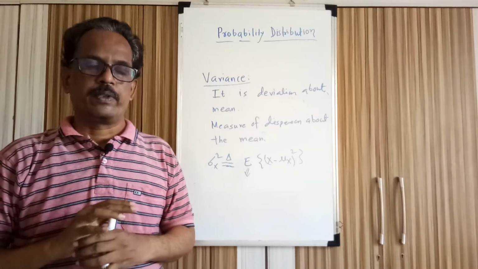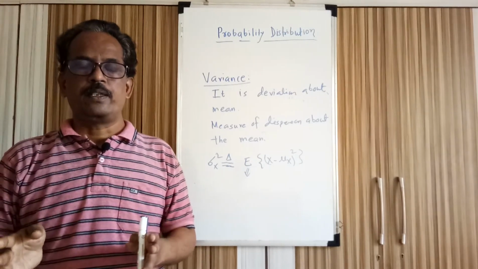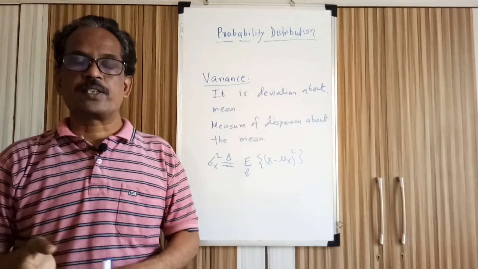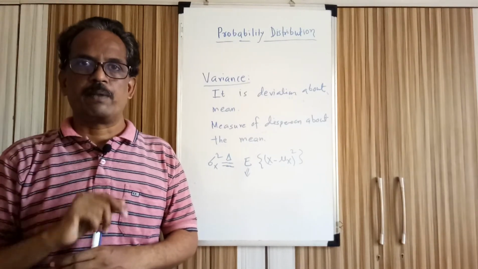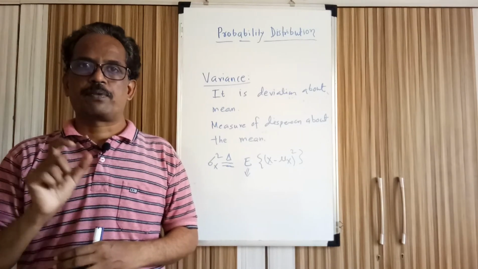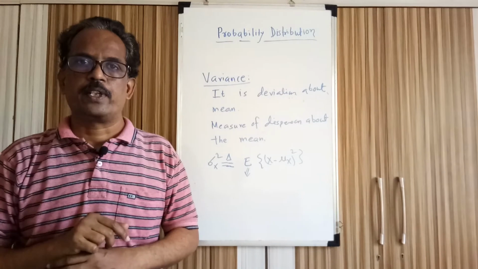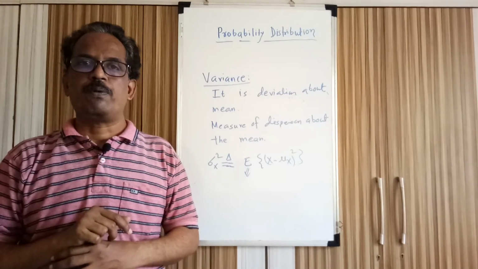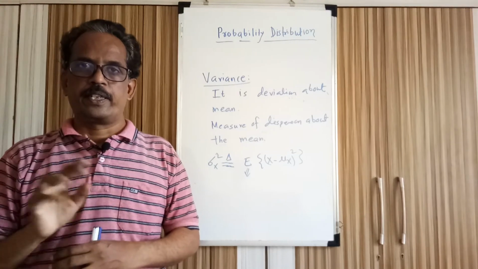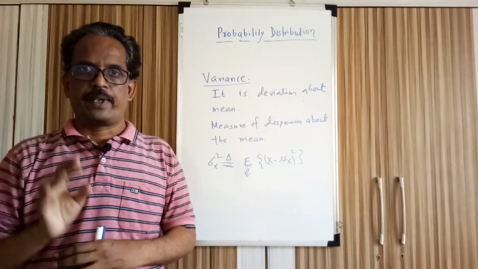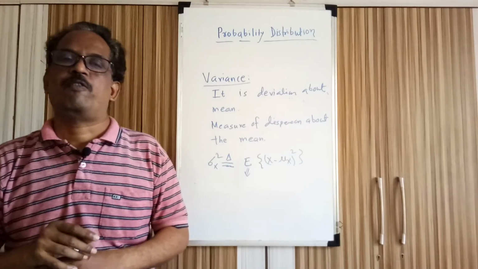Expected value of random variable we know is called mean. Expected value of x square, that is square of the random variable, is called mean square value. It is the mean of the square value, that is why it is called mean square value.